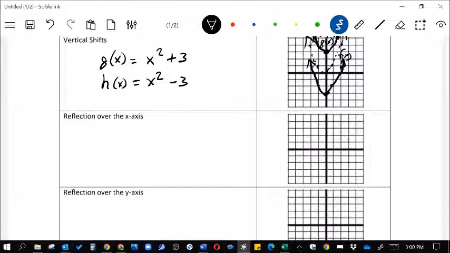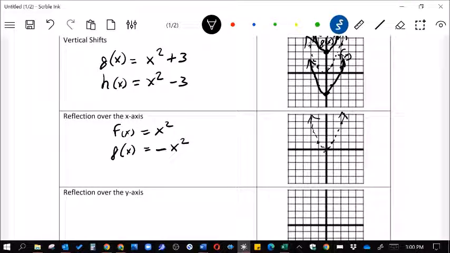Okay, now a reflection over the x-axis. So let's put the parent function in here. And that's f of x. Now, the difference here is that in this case, we'll do for g of x a negative x squared.